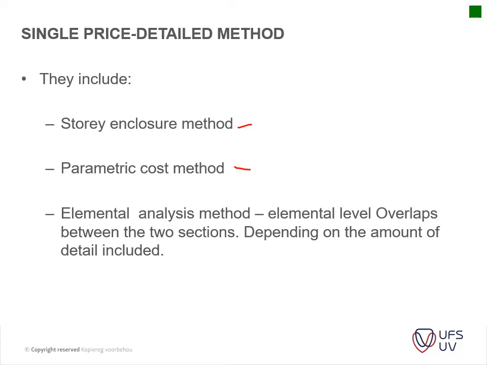It's more a section that we're going to cover in our detailed methods, because it overlaps with the elemental level of measurement. So please take note that the last section is split into 2 sections, which fall in the single price detailed methods and also in the detailed methods of measurement.